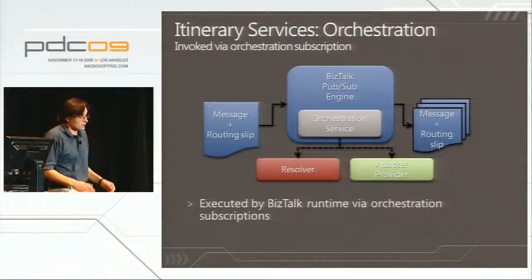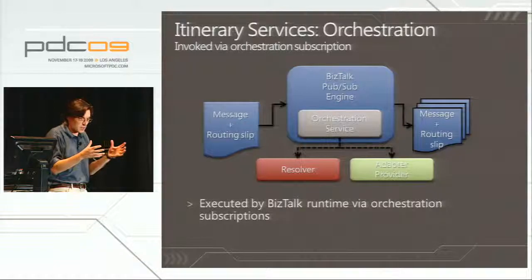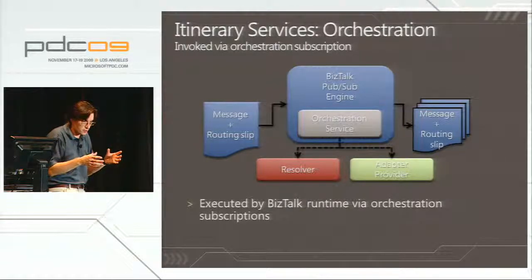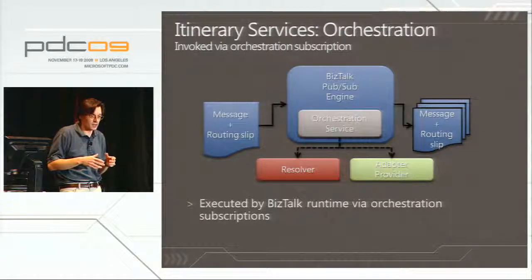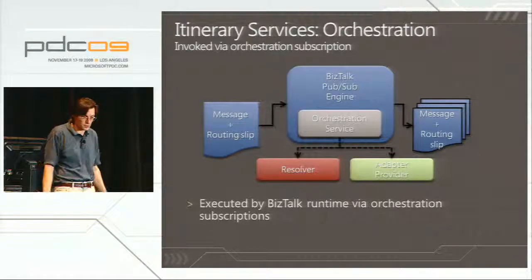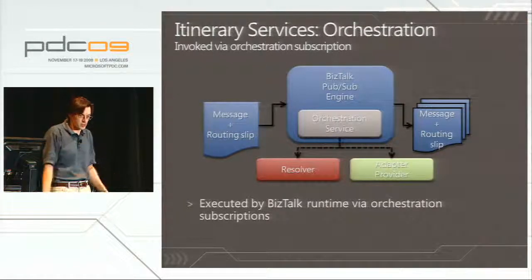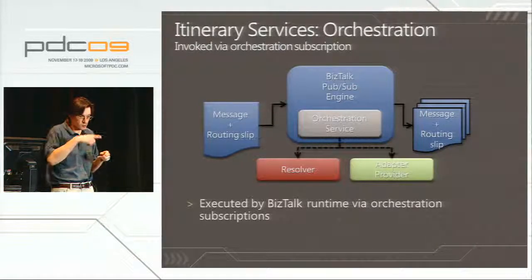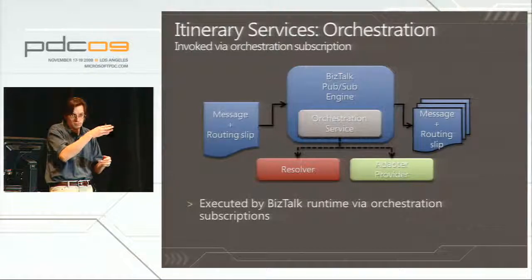Now, what orchestrations are good for, as being plugged in as itinerary services, is doing complex messaging patterns. So one of the examples that I always introduce is scatter-gather. You received a request, you transformed it, and then you need to execute a generic orchestration that figures out what are multiple endpoints to call, transform the message, send it, route to that endpoint, receive the request, transform back, and then aggregate all the responses, and then advance.